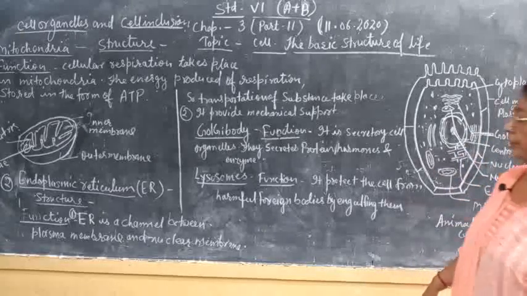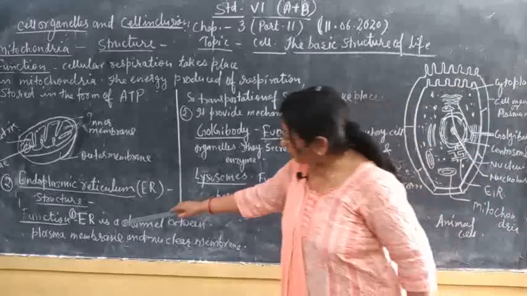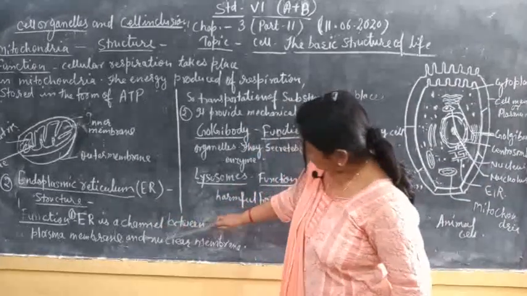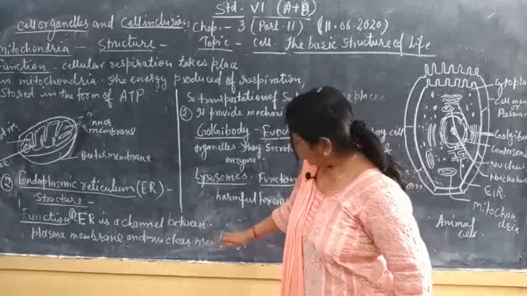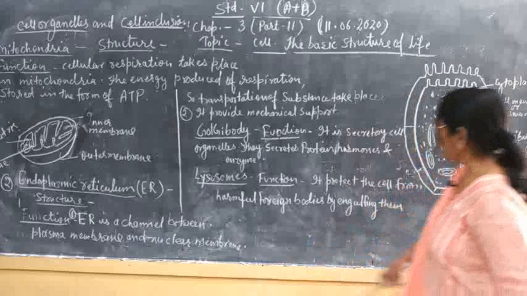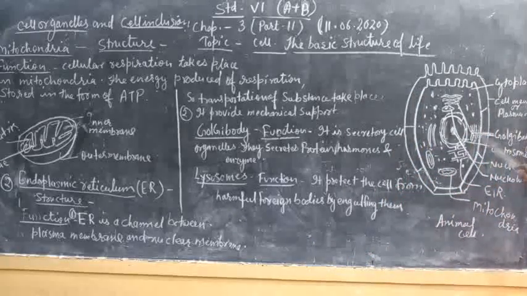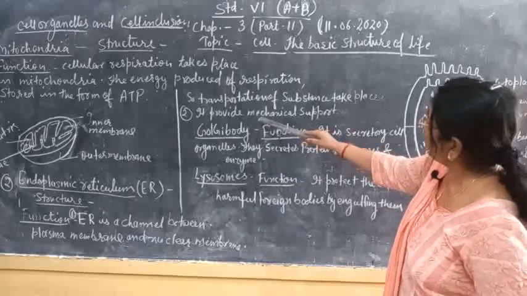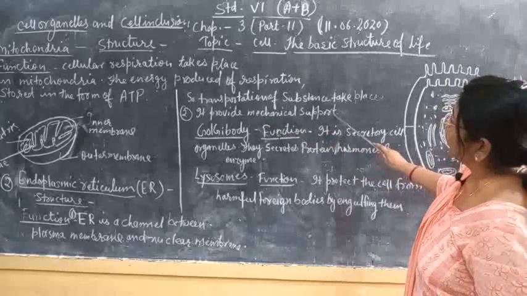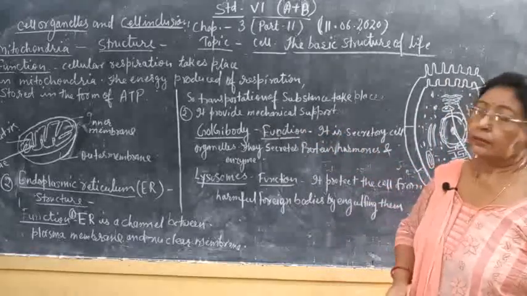Function of endoplasmic reticulum: it is a channel between the plasma membrane and the nuclear membrane. It provides mechanical support to the cell.